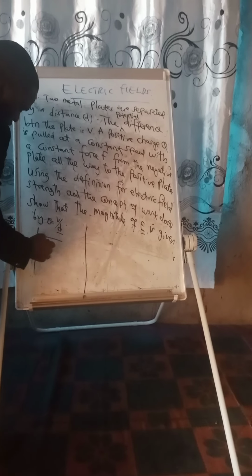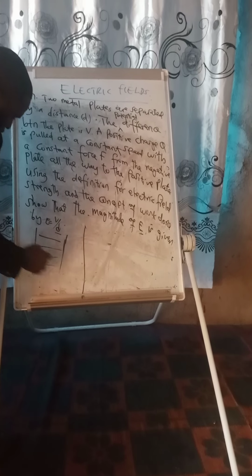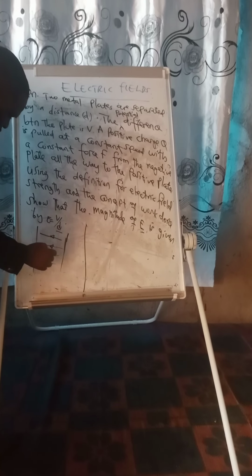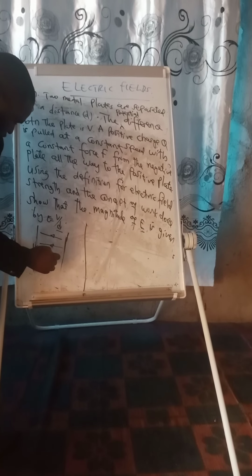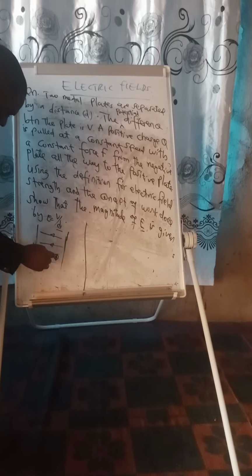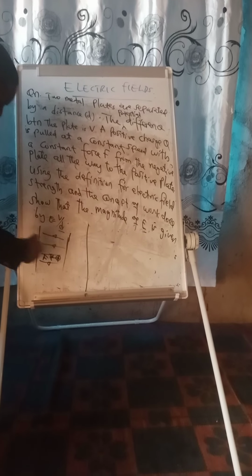So they say that this is the potential difference between the two plates. So for electric field strength, this is a positive charge, whose force is in this direction, the same direction as the electric field lines.